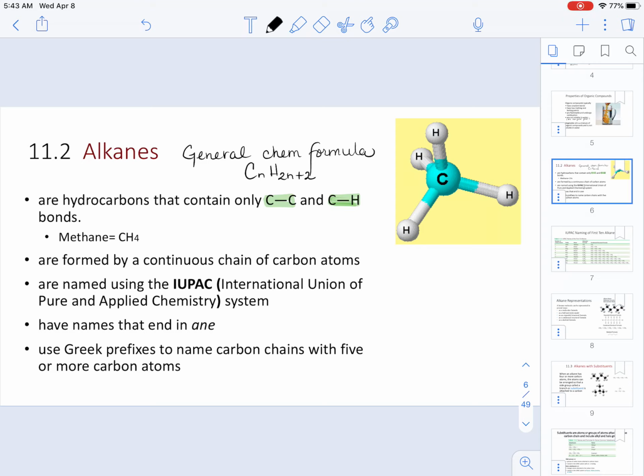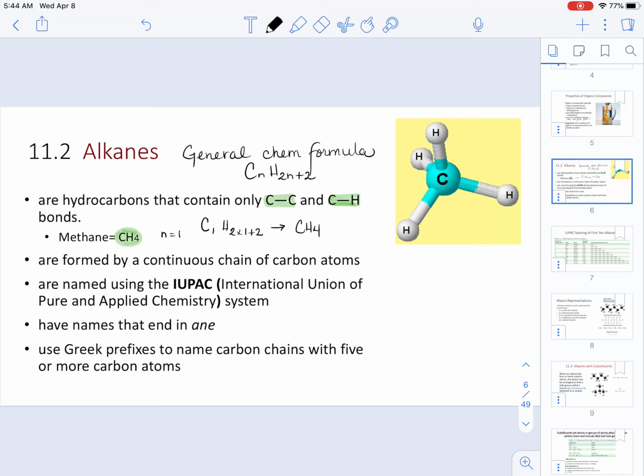So for example, if n equals 1, which is just a value, as you can see, C1H2 times 1 plus 2 is going to give you the chemical formula CH4, which is the simplest alkane. As you can see, alkanes are formed by continuous chains of carbon atoms.